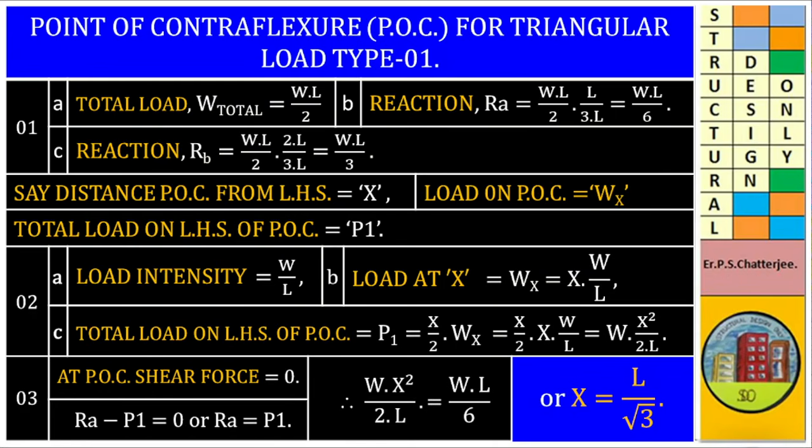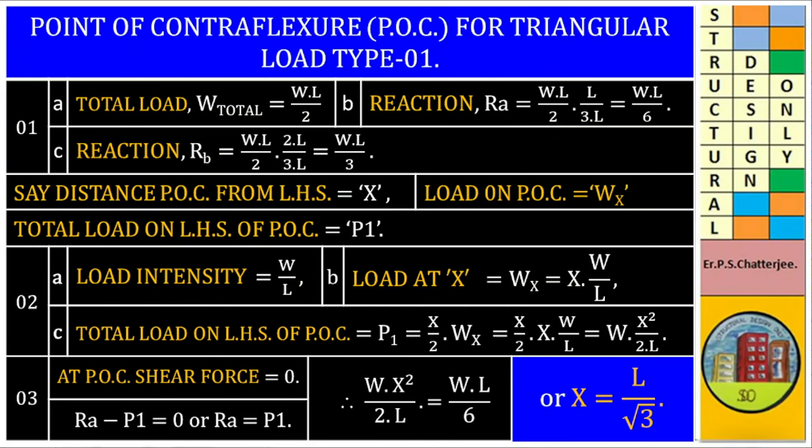So the point of contraflexure from the left hand side is X. The load at the point of contraflexure is Wx. The total load on the left hand side of the point of contraflexure is P1. Now the load intensity, that is the change in load per unit length, is equal to W by L. The load at X is, let's say, Wx.